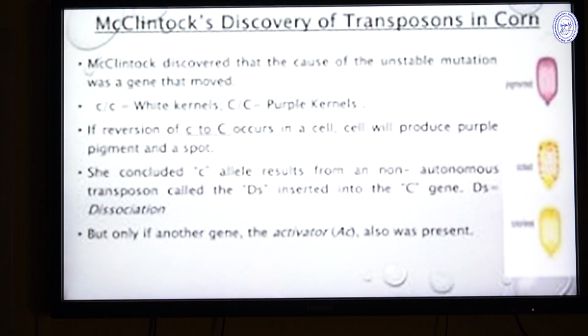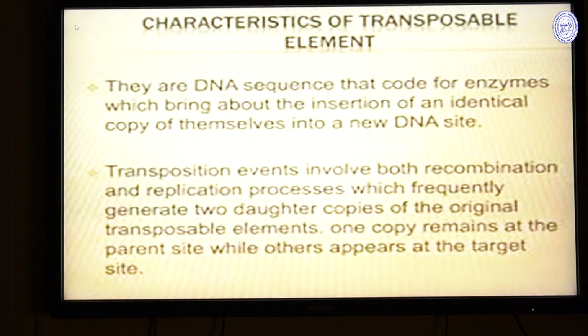And from here Barbara McClintock concluded that it cannot be any other genetic element but some kind of genetic element which is unstable in its position, which has a tendency to keep on changing its position.